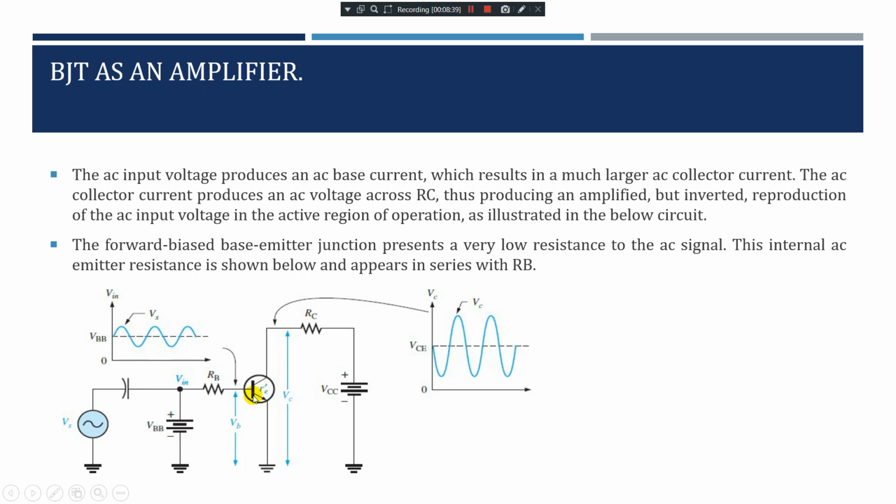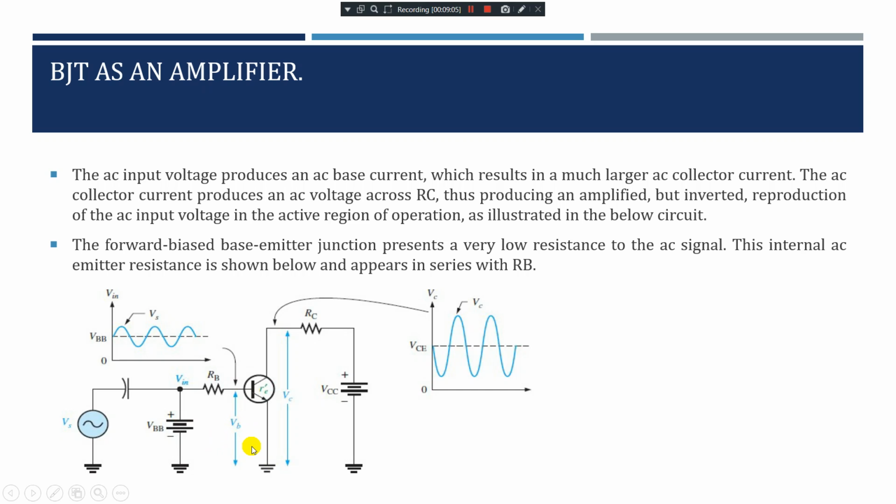Given to the base, it will always replicate whatever input you give as an output, but there is a change in your output with an amplification and an inverted output. That is how your base to emitter biasing, we call it base biasing.